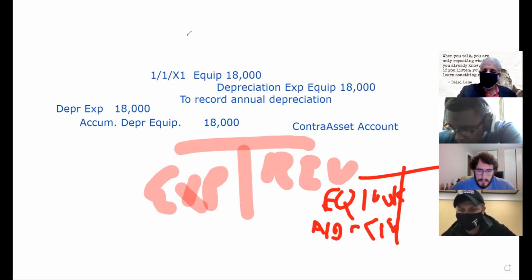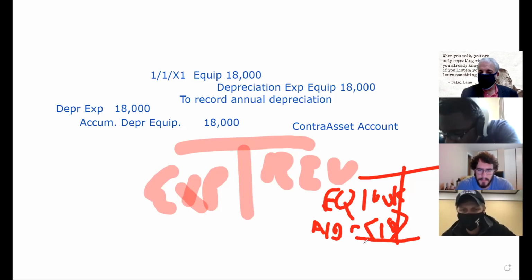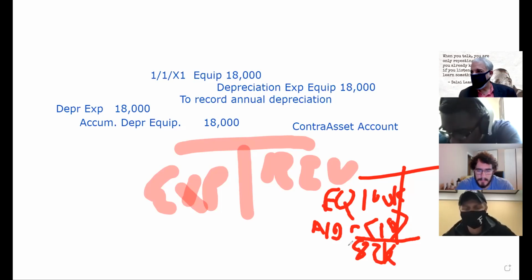It's going to take away $18,000. 100 minus 18 is going to leave me with $82,000. So my net value is going to show up as 82K just from the equipment. That makes sense. I have to credit the asset. I have to reduce the value of the asset.